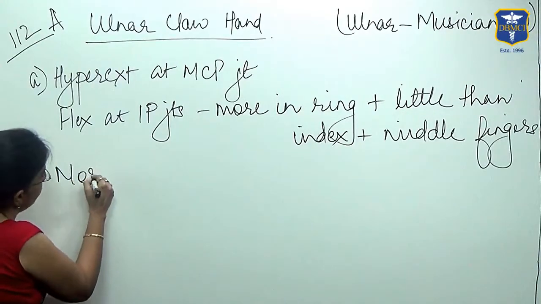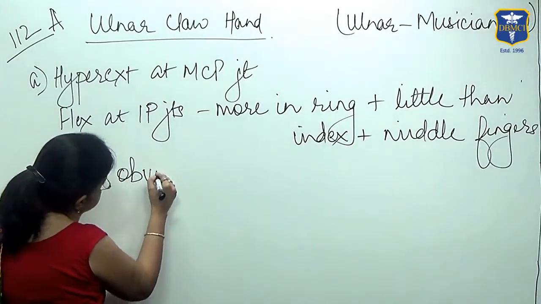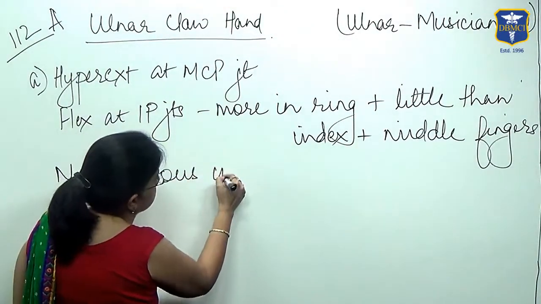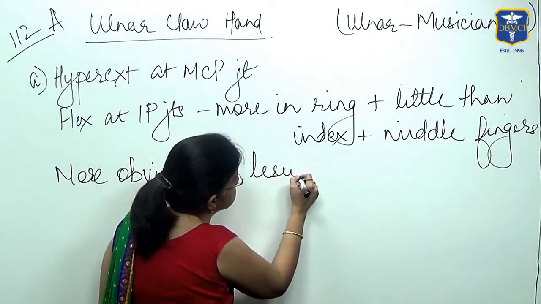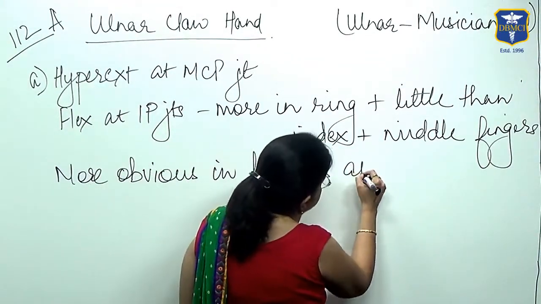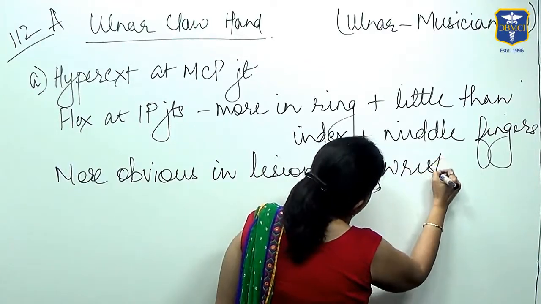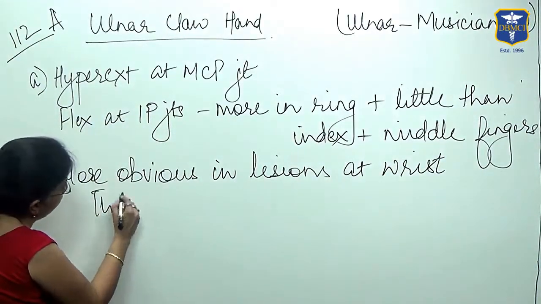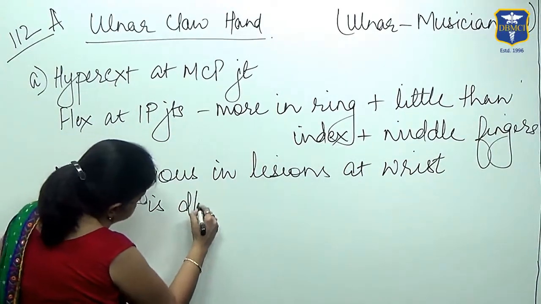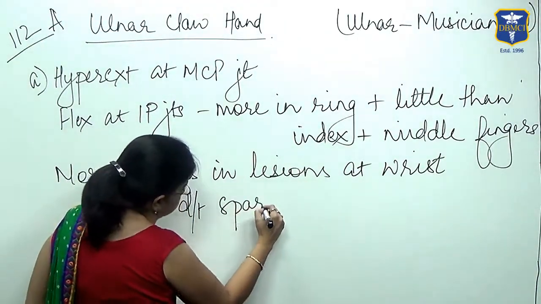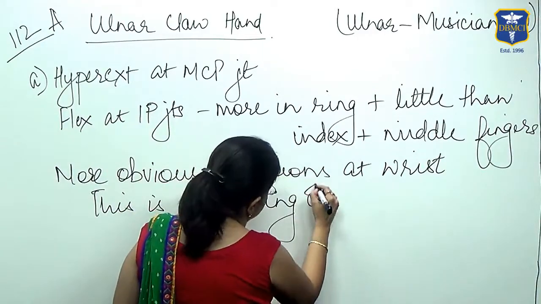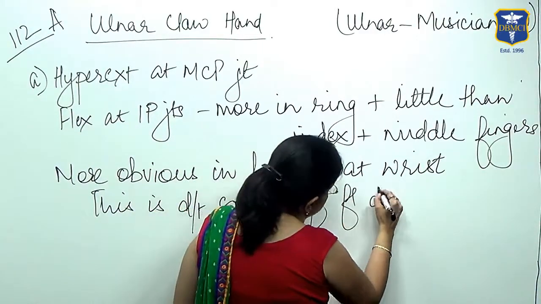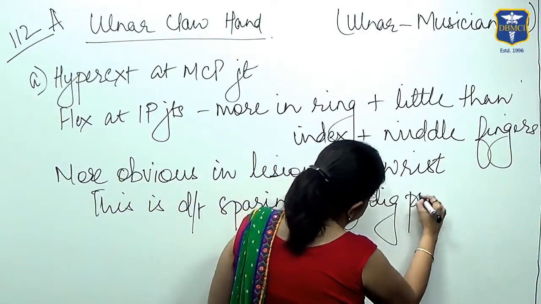So this is more obvious in lesions at the level of wrist joint. This is due to the sparing of flexor digitorum profundus.